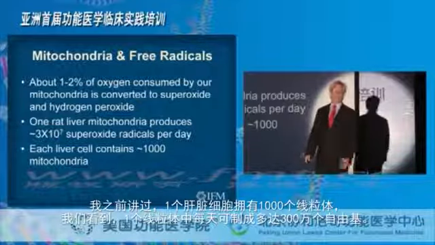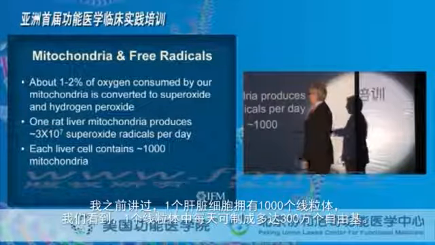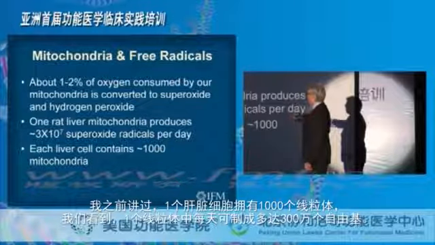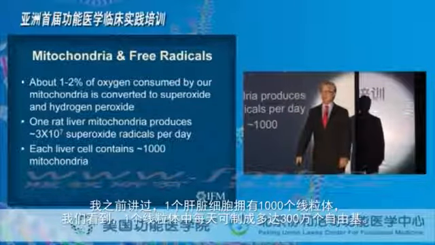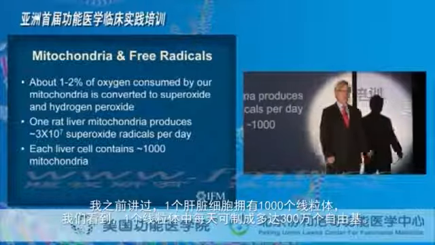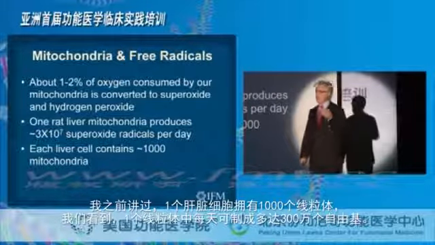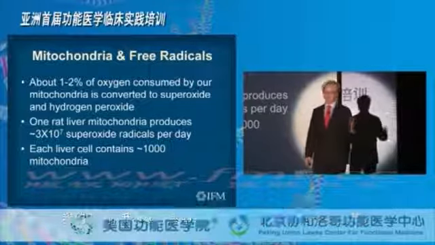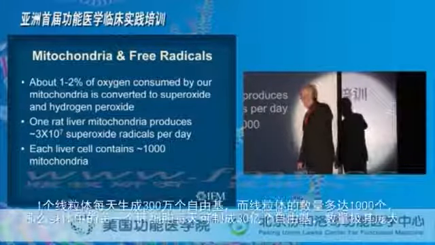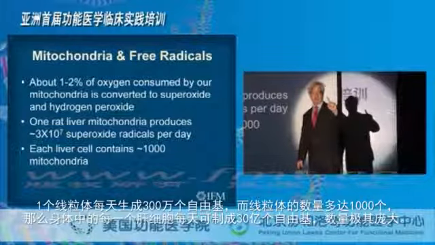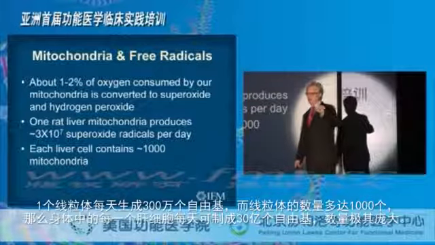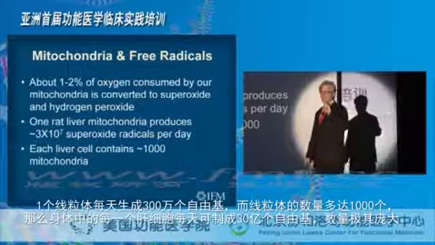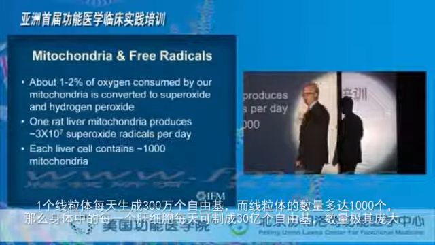Now, as I said before, one liver cell has 1,000 mitochondria, and in one mitochondria, there are as many as 3 million free radicals every day. So, one mitochondria makes 3 million free radicals every day, and there's 1,000 of them.